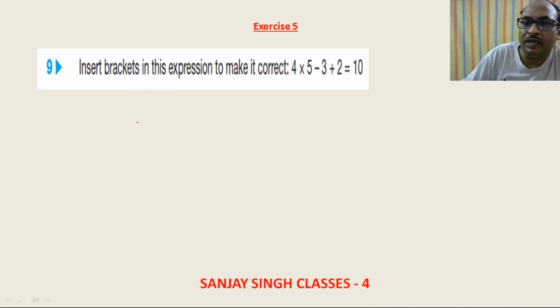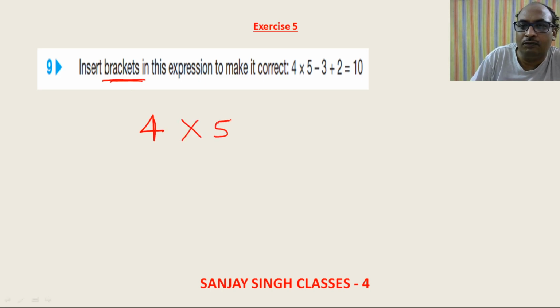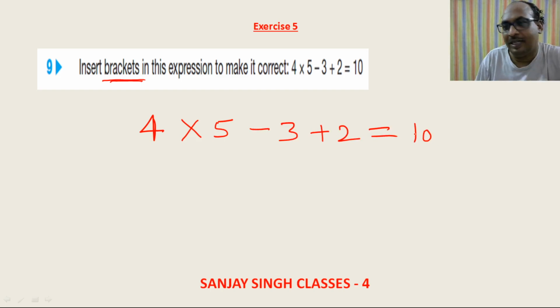Now in question number 9, we need to insert brackets. So the expression is given like this: 4 into 5 minus 3 plus 2 is equal to 10. Now our answer is given as 10. We need to put brackets in such a way that we are getting 10 here. Okay.